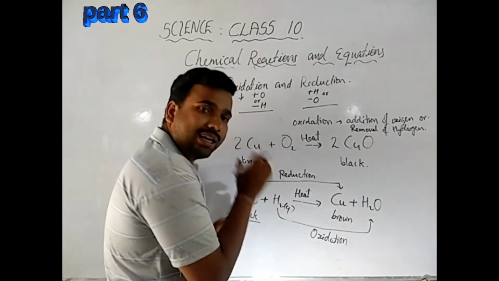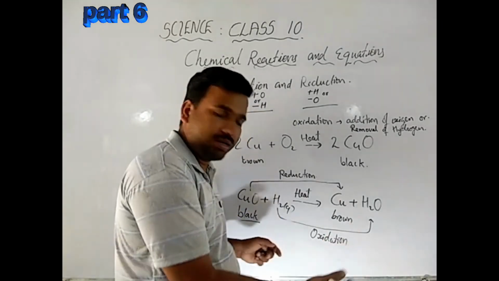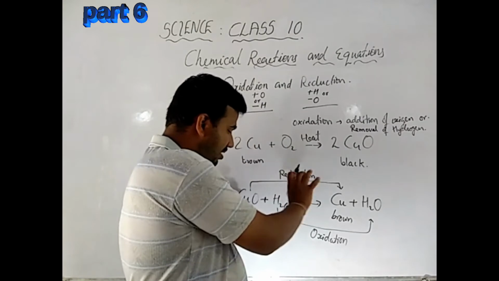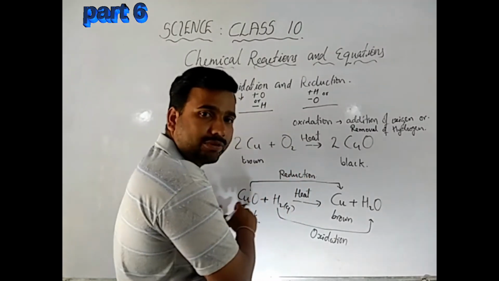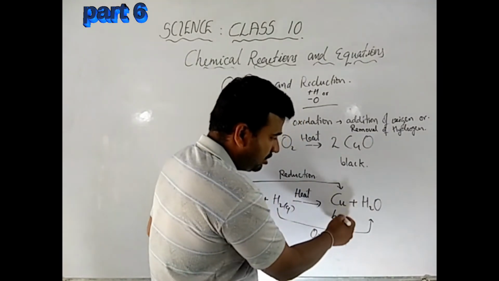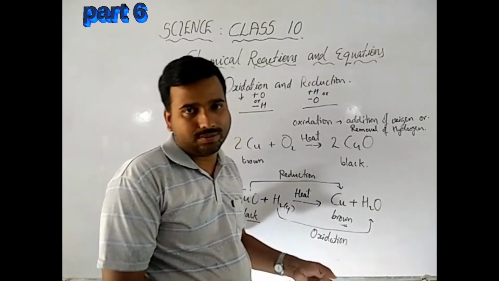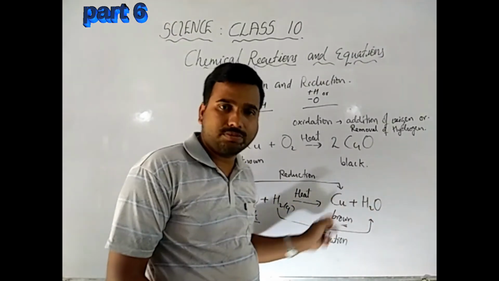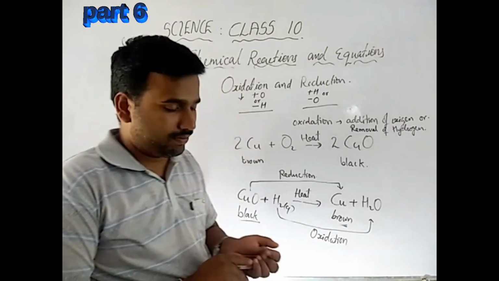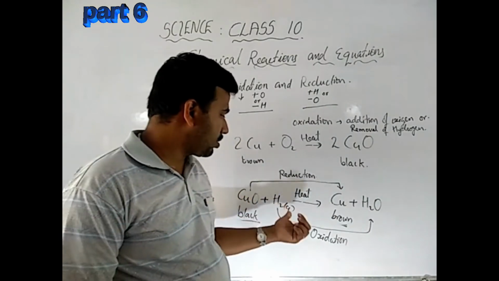What happens? The hydrogen gas will take away oxygen from the copper oxide and form water, and the brown color of the copper will reappear, because hydrogen is more reactive than copper. So hydrogen takes oxygen from copper oxide.